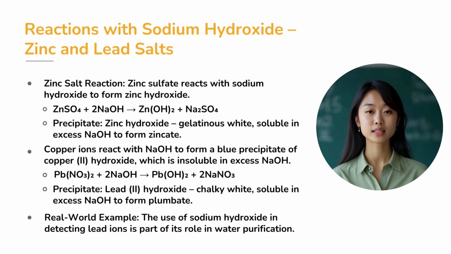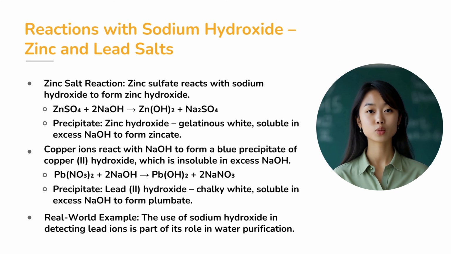Zinc hydroxide is different from iron hydroxide because it's soluble in excess sodium hydroxide, forming a colorless solution of sodium zincate. This is an interesting example of how some hydroxides can dissolve in excess base.